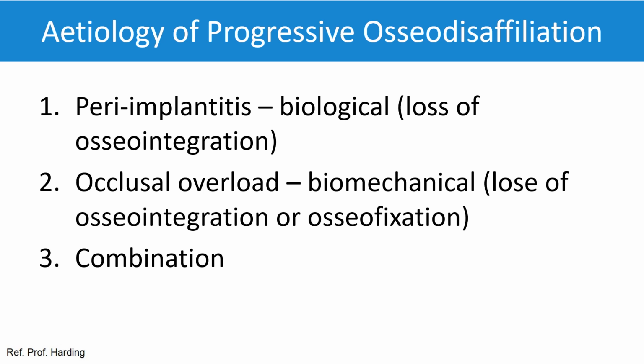Or alternatively, we could have the situation where a peri-implantitis becomes established. This results in its very nature in bone loss, and this alters the implant crown ratio and then predisposes the implant to occlusal overload. So as you can see, the etiology for progressive osteodisaffiliation is quite complex in its nature, and it is multifactorial.